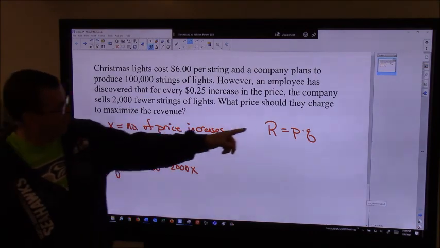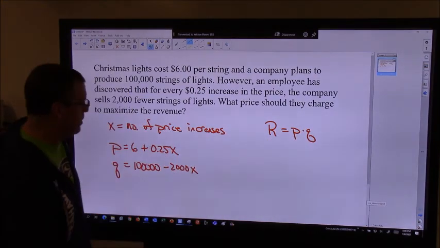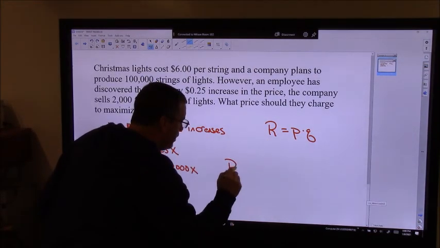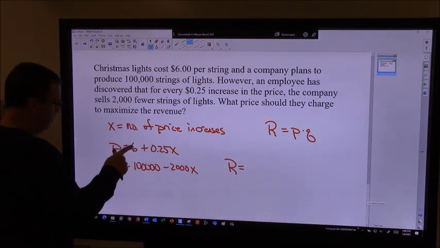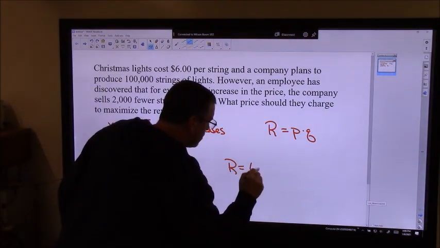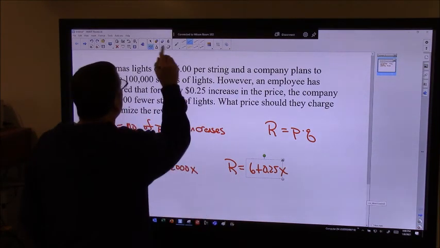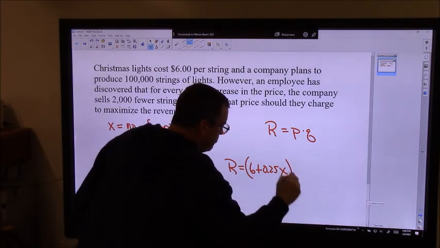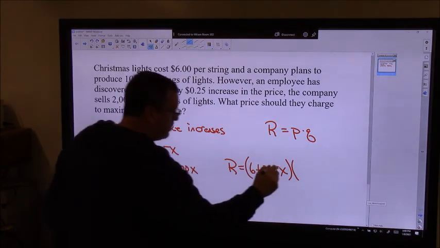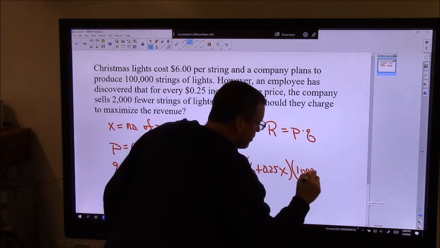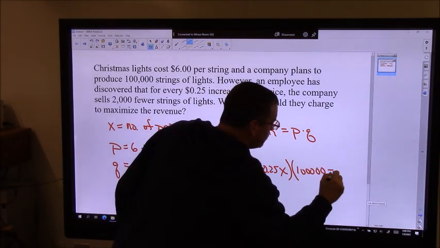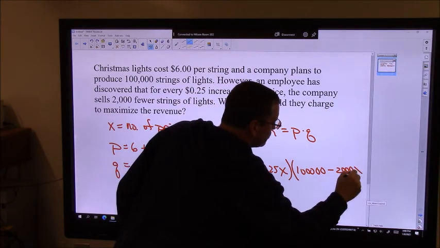And so now if revenue equals price times quantity, we could just say here that revenue equals 6 plus 0.25x times the quantity, which is 100,000 minus 2,000x.